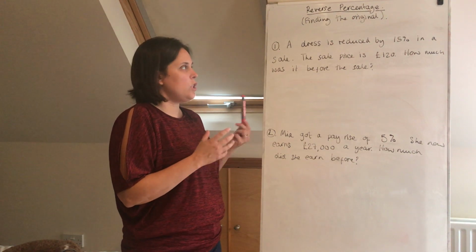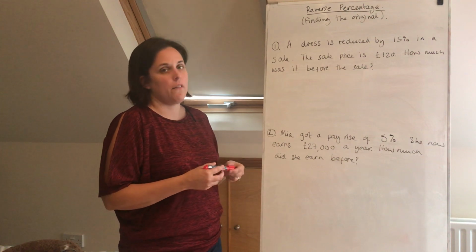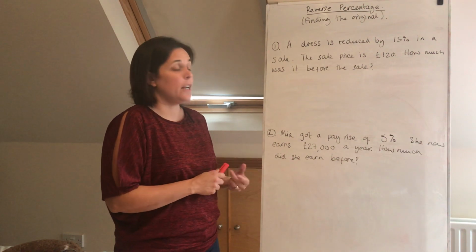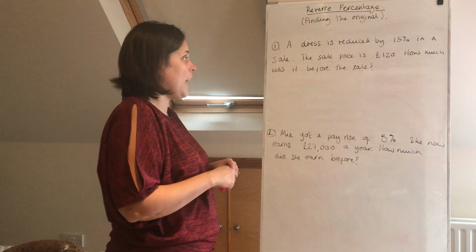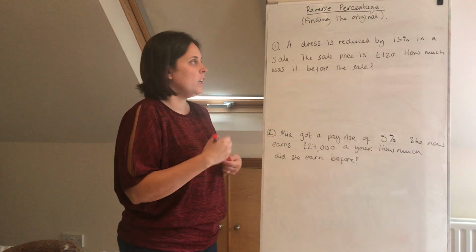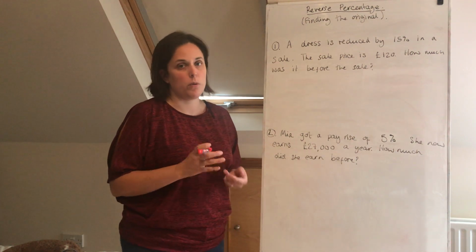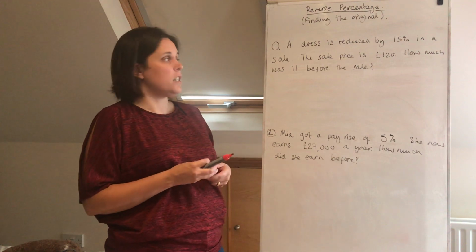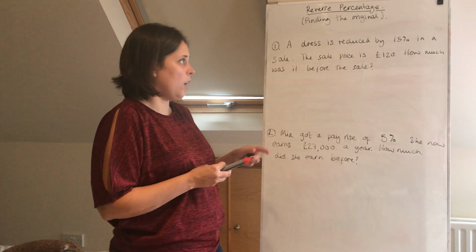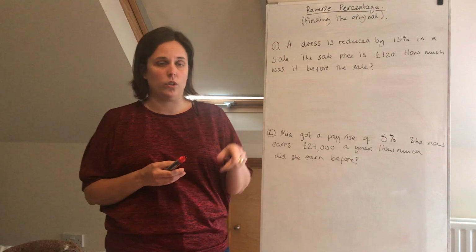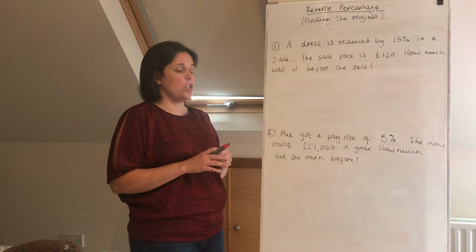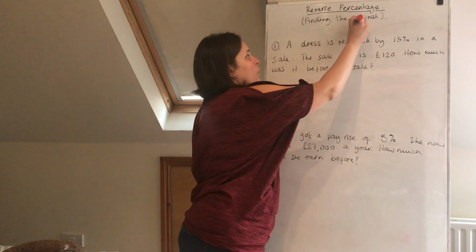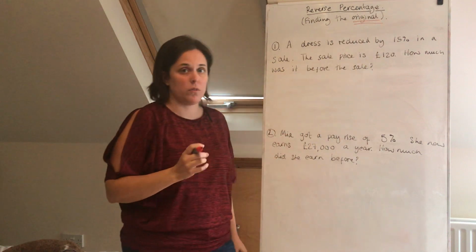So, question number one. A dress is reduced by 15% in a sale. The sale price is £120. How much was it before the sale? Now, the classic mistake that people always make here is they find 15% of 120 and they add it on, and that's wrong. The reason why it's wrong is because you're looking at what is the original amount.